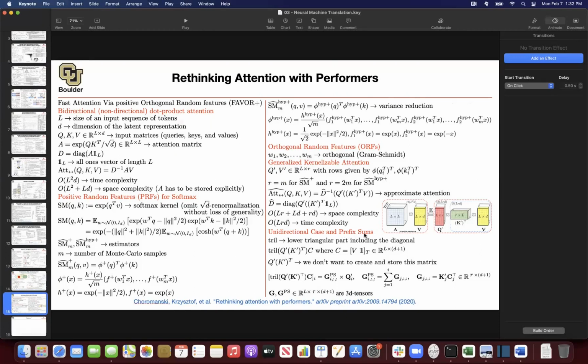The prefix sum idea is you're going to do your summation up until a point, and then you're going to add the other time step to it. And it's going to turn into a recurrent neural network, even this one. Mathematically, it looks more complex, but the big idea is simple. Any questions about Performers? Was everything clear?